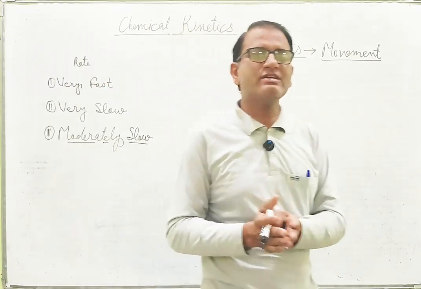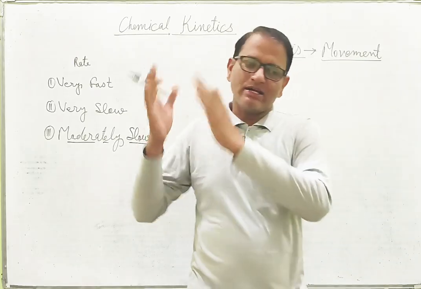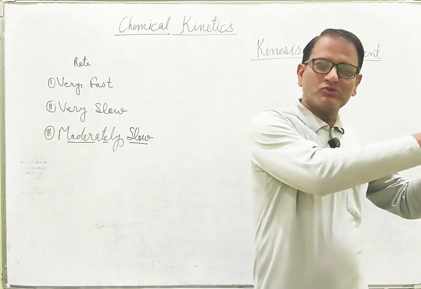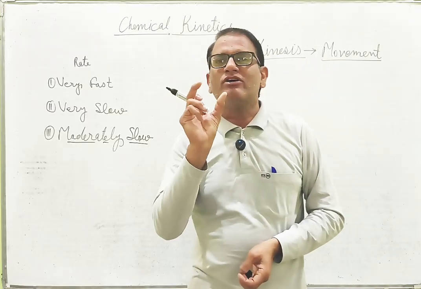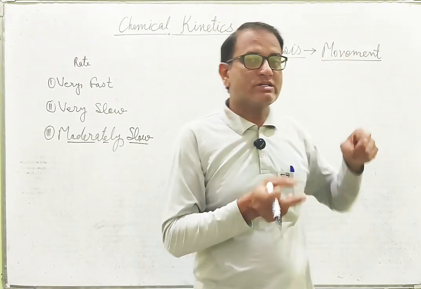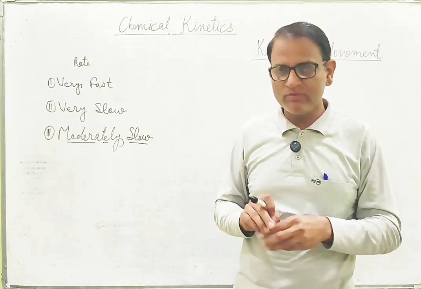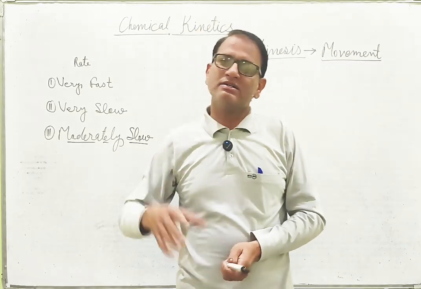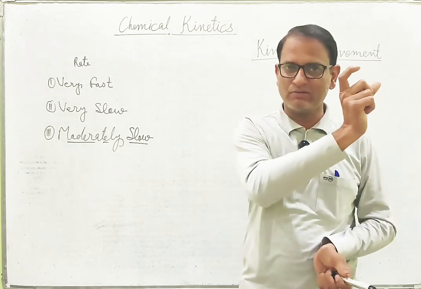The progress of the reaction means the reactants are converted into product. That is the meaning of kinesis or movement in a chemical reaction. That movement we are talking about.